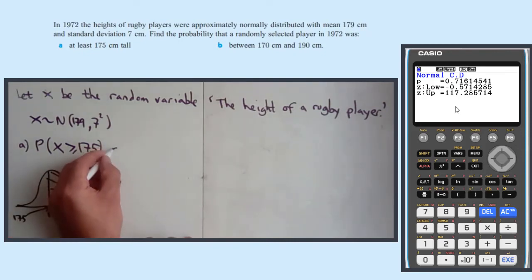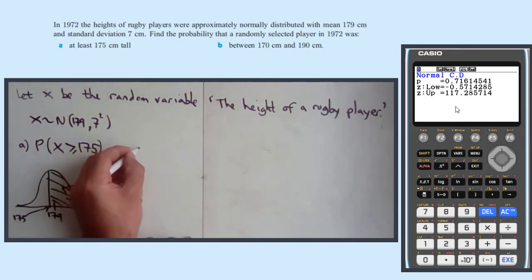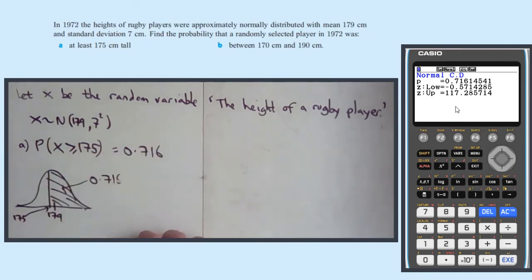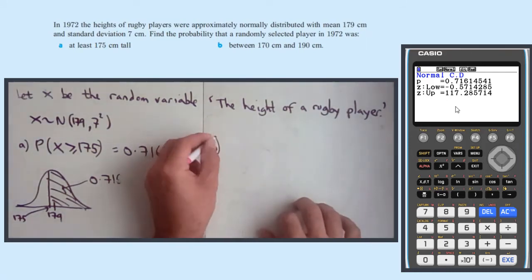The answer equals 0.716. So that means that in 1972, 71.6% of rugby players were greater than or equal to 175 centimeters tall. Right, part B.